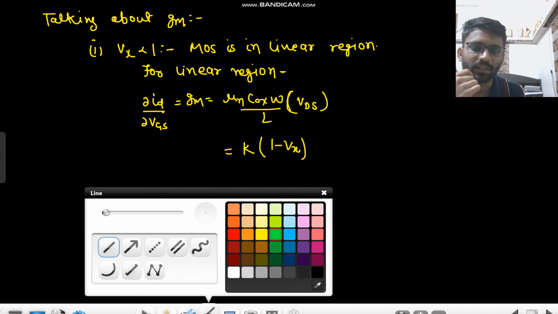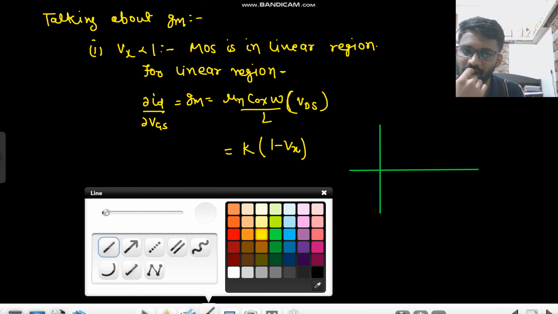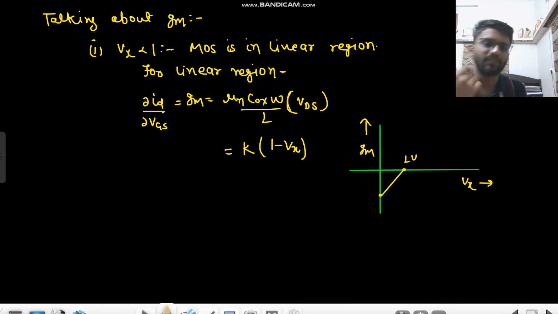So how does it look for Vx less than 1? So this is Vx, this is gm, this is 1 volt, right? This is at 0 volt or whatever value we have. Okay, k into 1 we have. So at 1 volt it is something like this.